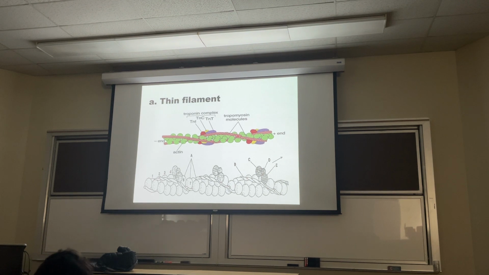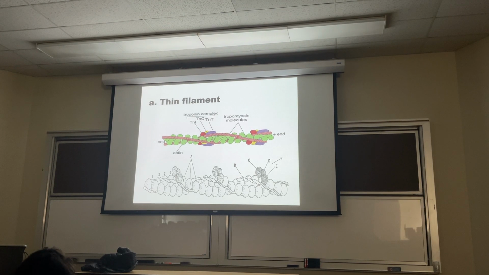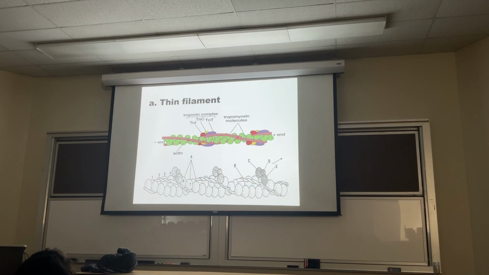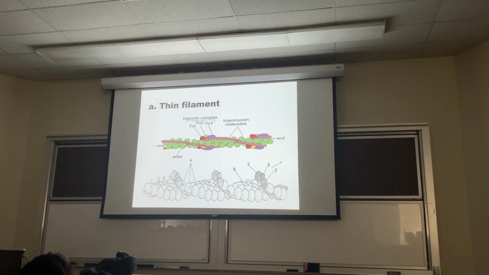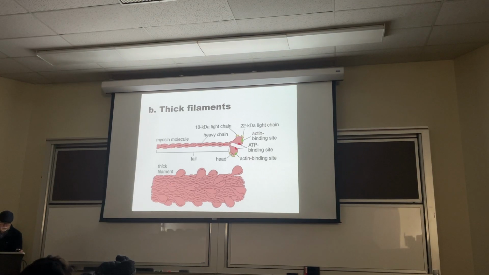To disinhibit it, we have to bind calcium to the troponin C part of the troponin, and then it pulls the tropomyosin out of the way. It slides it out of the way, and the cross bridge of the myosin can connect to the actin and initiate contraction. That's how we initiate muscle contraction.